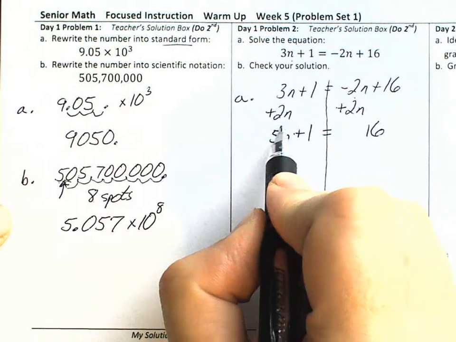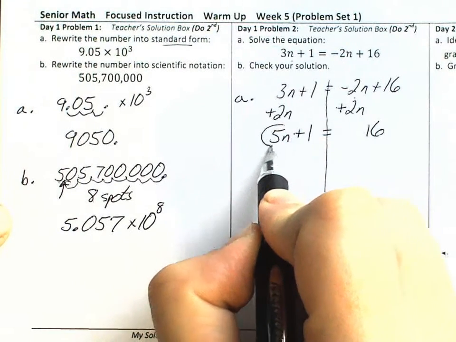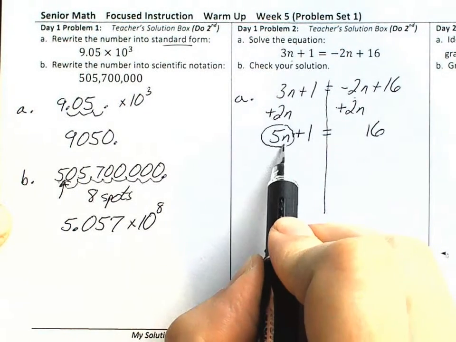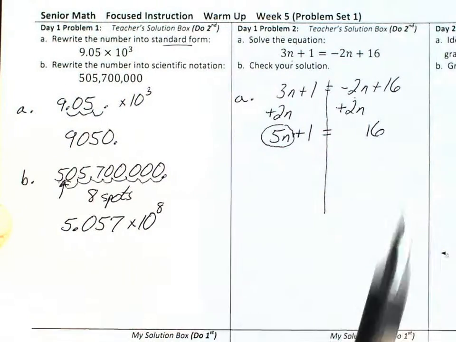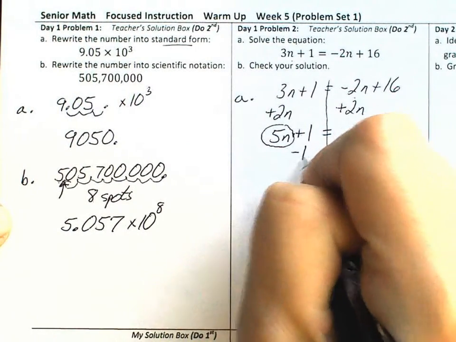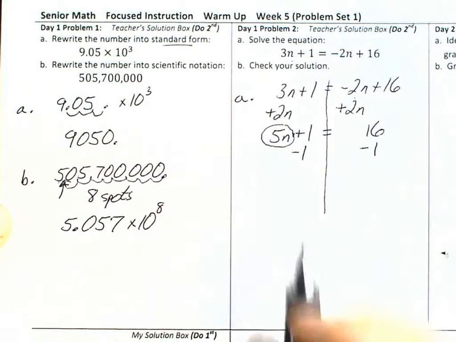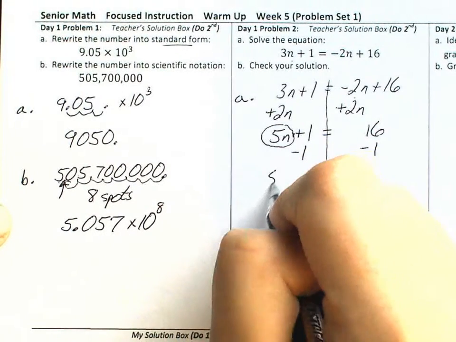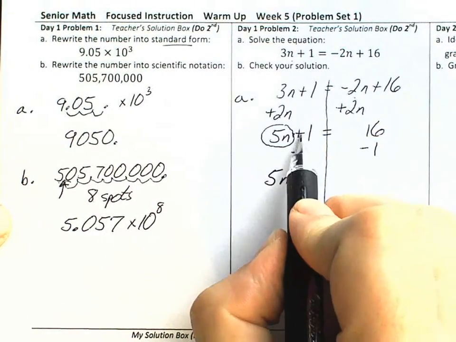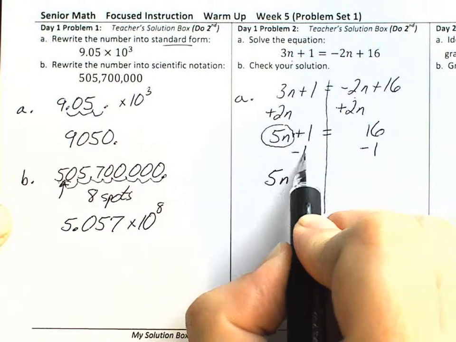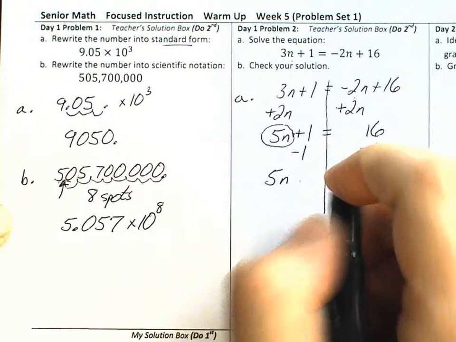We want to get the letter n alone, so let's first get this n term alone. Next to the n term is plus 1. Let's remove that. Subtract 1, subtract 1. The 5n comes straight down. Positive 1, subtract 1 makes 0.